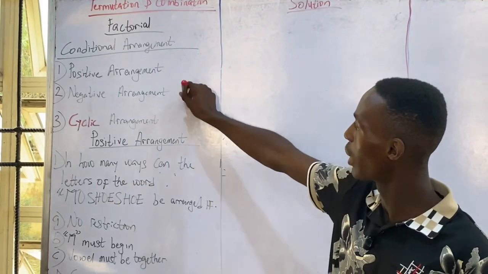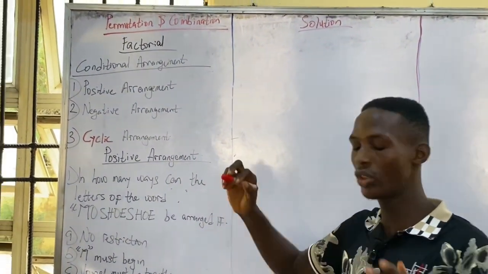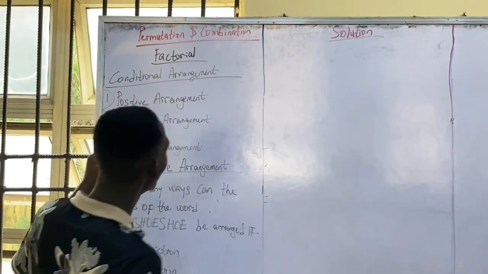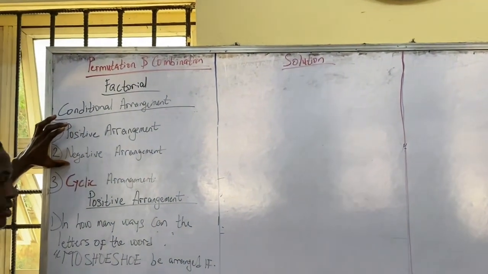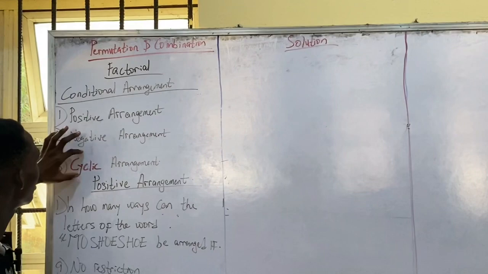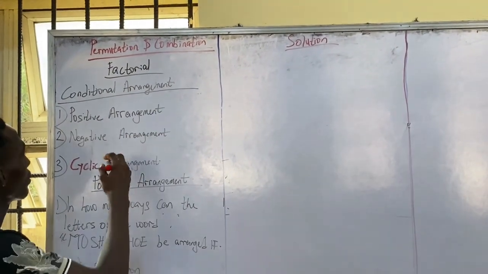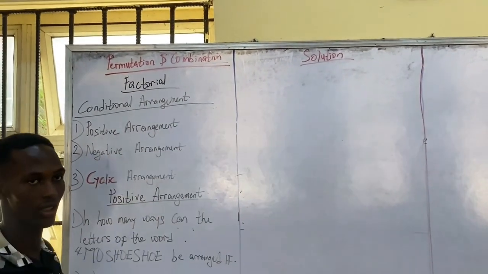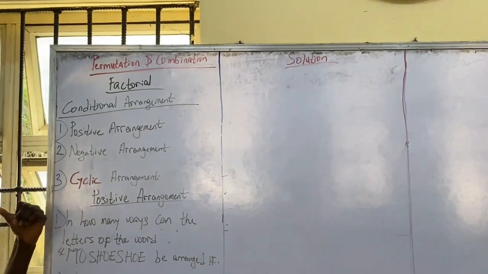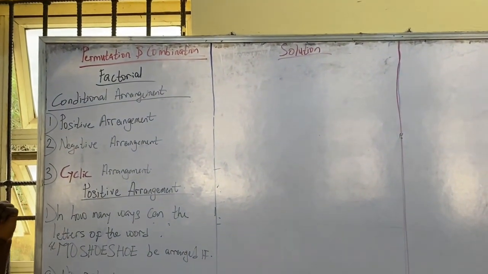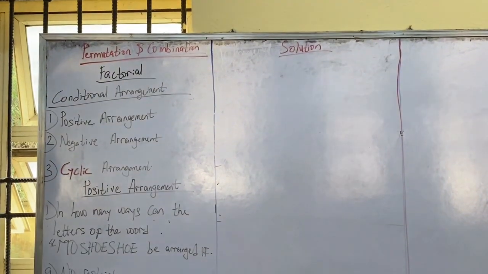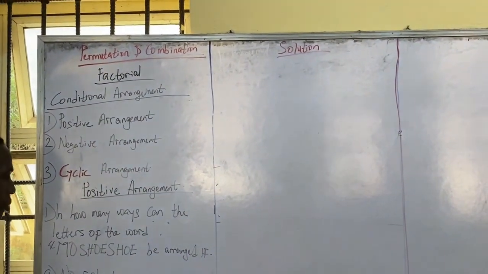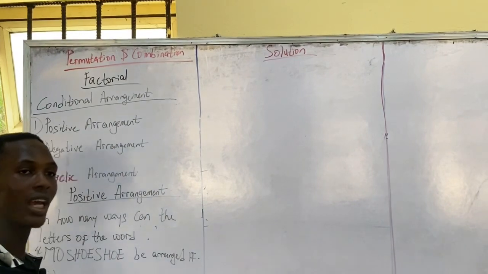Now we are doing a conditional arrangement, where I will try as much as possible to touch positive and negative. In our next video, I will explain cyclic arrangement, or in some textbooks they call it conditions. The previous one had no restrictions, so it is necessary for our positive and negative solution. Without wasting much of our time, let's dive into the question.